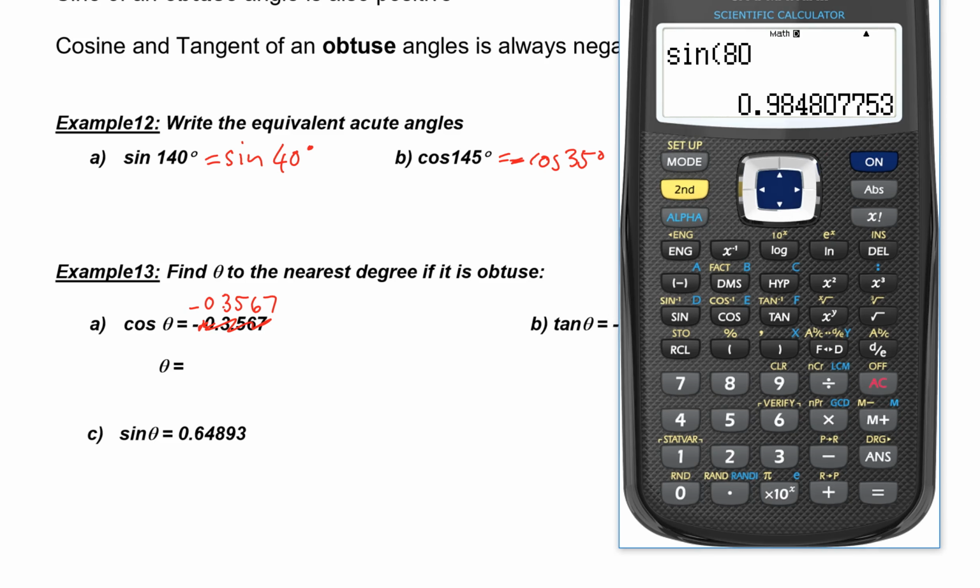So the inverse cos of 0.3567 equals 69 degrees. Take that away from 180, minus my answer, equals 110 degrees 54 minutes.